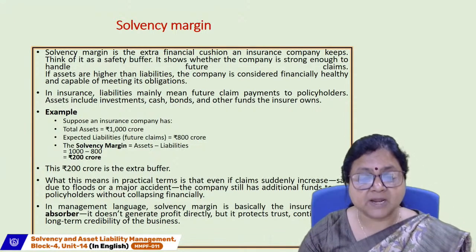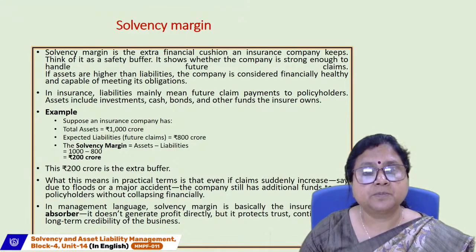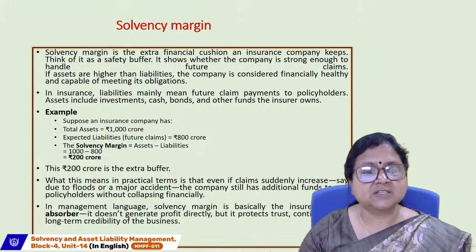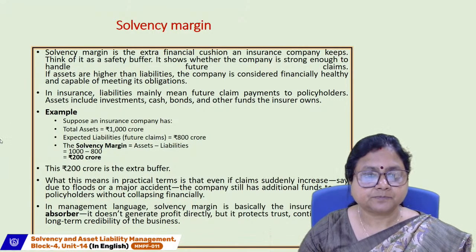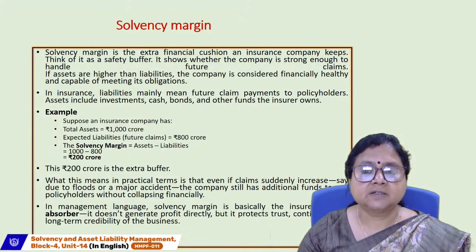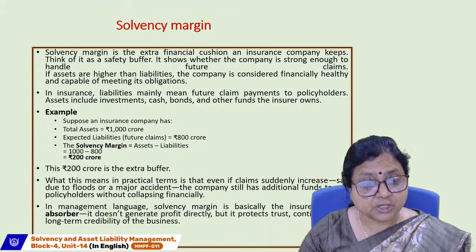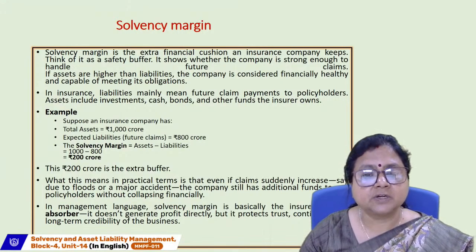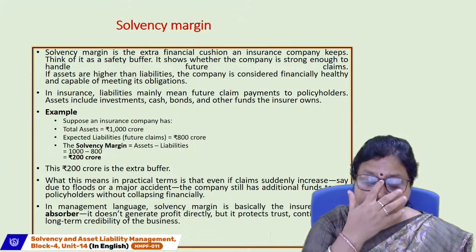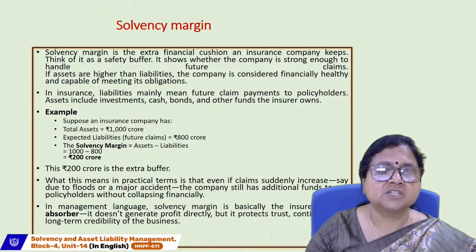When we talk about a long-term liability in future, that means the insurance company has to settle the claim payments of the different policyholders as and when they come. So they are bound to keep their assets in the form of cash, bonds and other funds as a safety measure, so that whenever the claim settlement comes, they will be in a position to pay those claims.